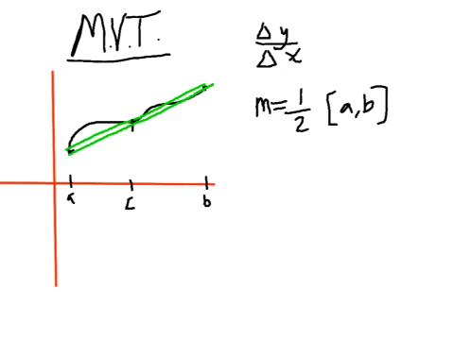That is our instantaneous velocity at point C. And as you can see, it equals the average slope from A to B. And that is the mean value theorem. There must be a point C that has the same instantaneous velocity as the average slope. Now, in this next slide, I am going to discuss a real-world example.